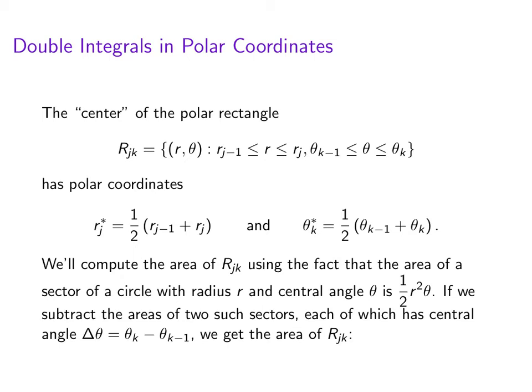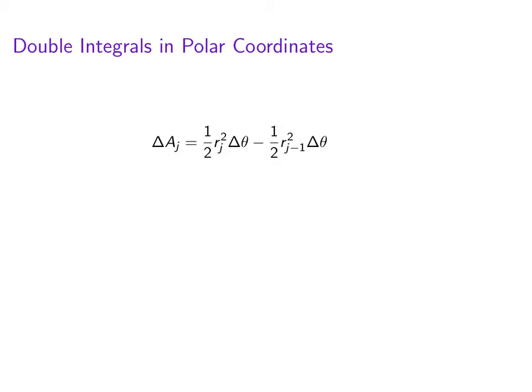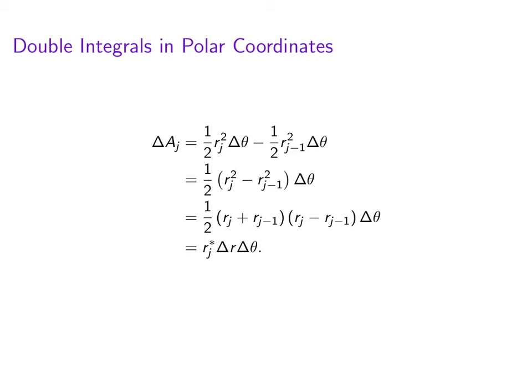So the area of one of these polar subrectangles is delta A sub j, which is 1/2 r sub j squared delta theta minus 1/2 r sub j minus 1 squared delta theta. We simplify, factor out the r sub j squared minus r sub j minus 1 squared, and if you clean all this up, what you get is r sub j star delta r delta theta.